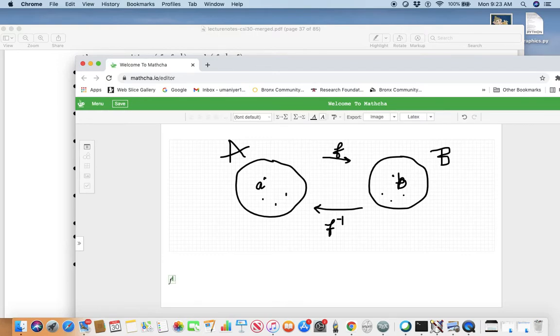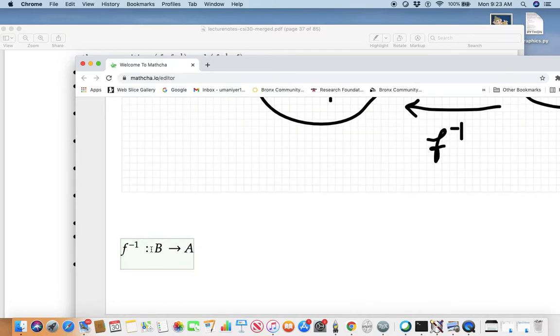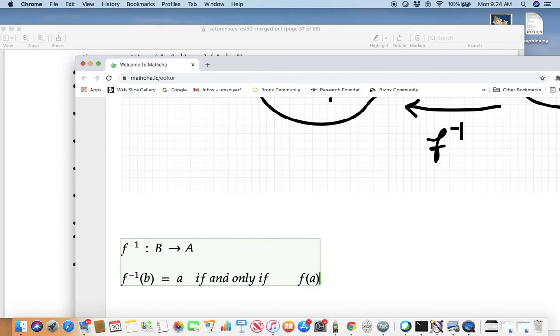You see, f inverse is a function from B to A, defined by, how is it defined? You say f inverse of b is a if and only if f of a equals b.